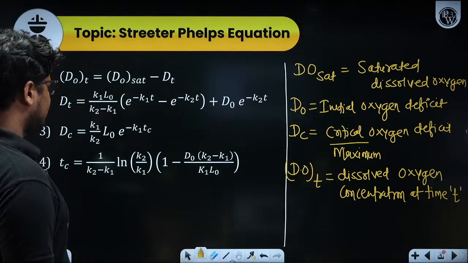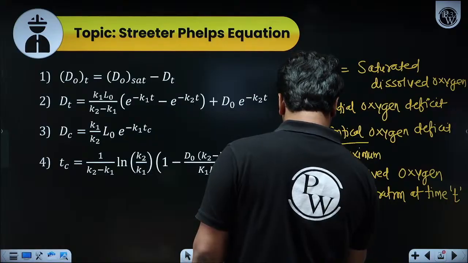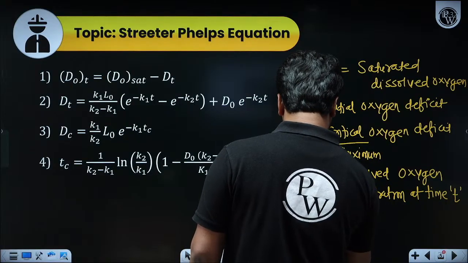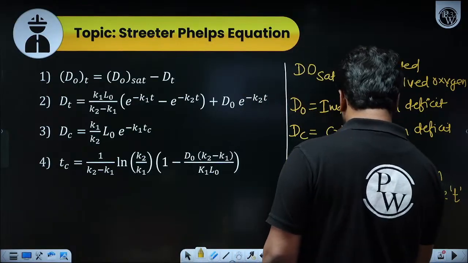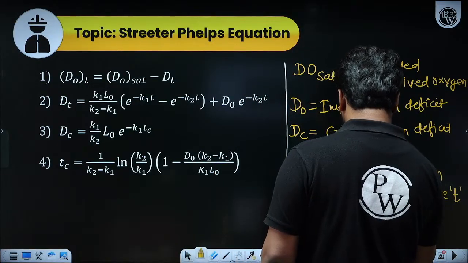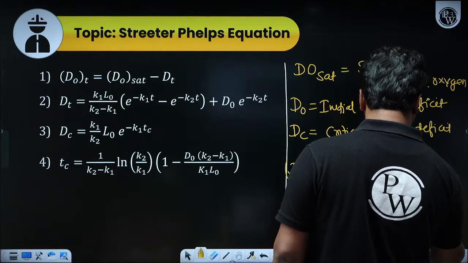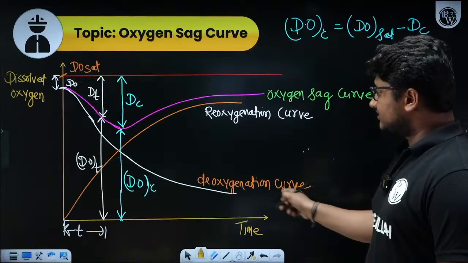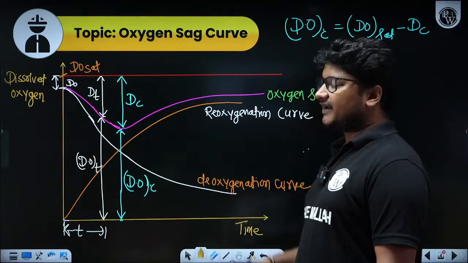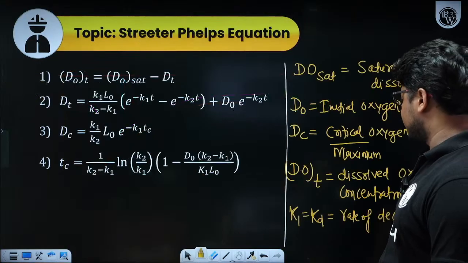Other than that, some other terms are also there. Next one is K1, or we can also call this KD. It is basically the rate of deoxygenation. So this curve will have some rate. That rate we are calling the deoxygenation constant, or rate of deoxygenation.